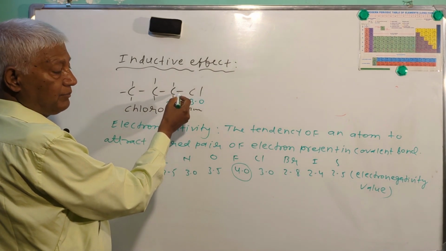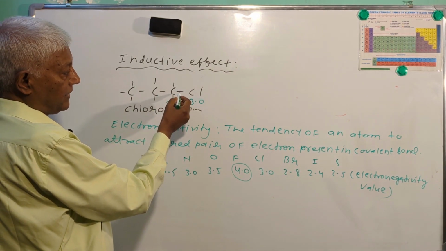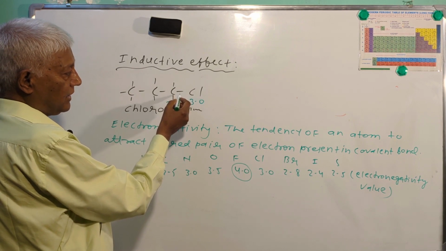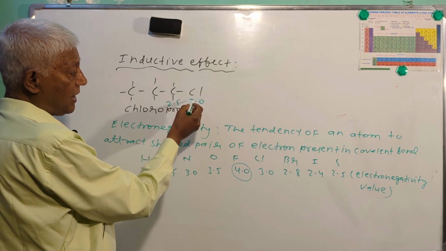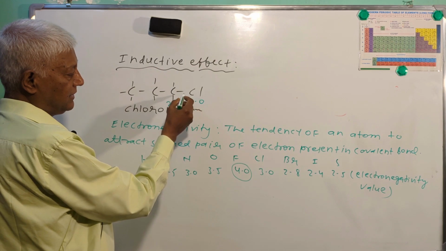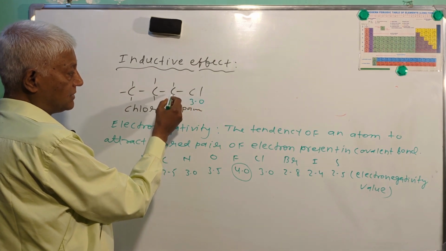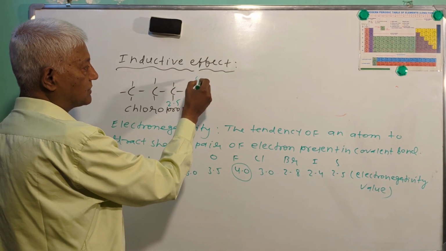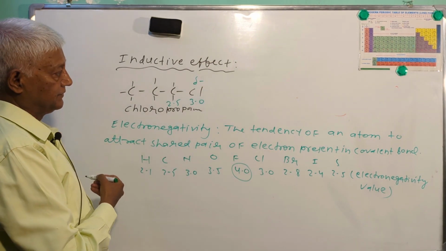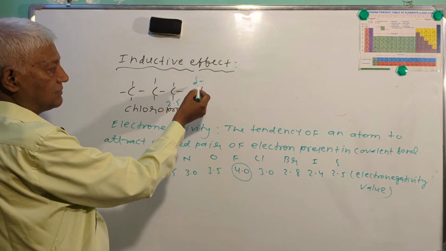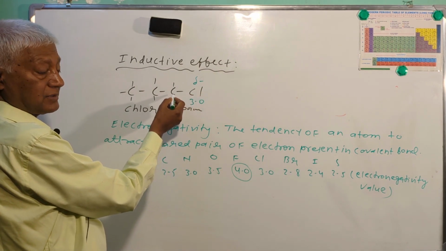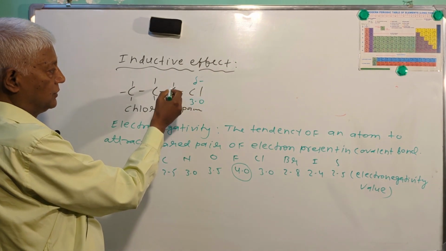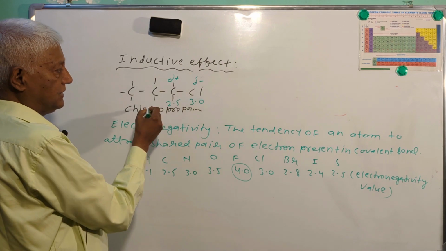This is the covalent bond, the mutual sharing of one electron. Due to the high electronegativity value, the electron of this first carbon is shifted to chlorine. So chlorine develops a slightly negative charge. When it develops a slightly negative charge, the carbon becomes somewhat deficient in electrons, so it develops a slightly positive charge.